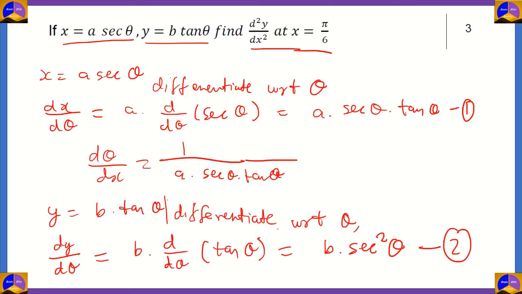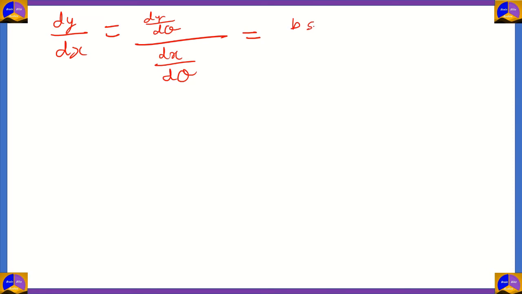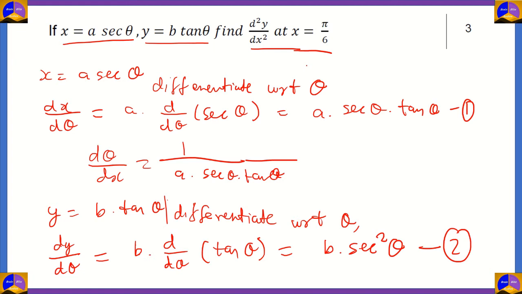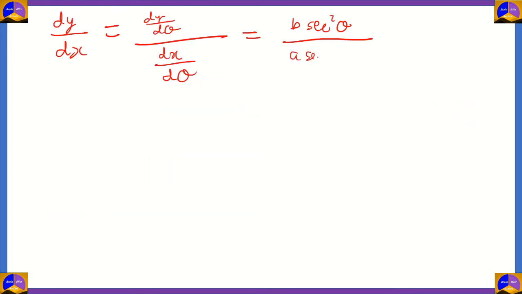So dy by dx is b sec square theta divided by a sec theta tan theta. Now we are going to eliminate sec theta from both the numerator and the denominator. So that means it'll be b by a times sec theta divided by tan theta.